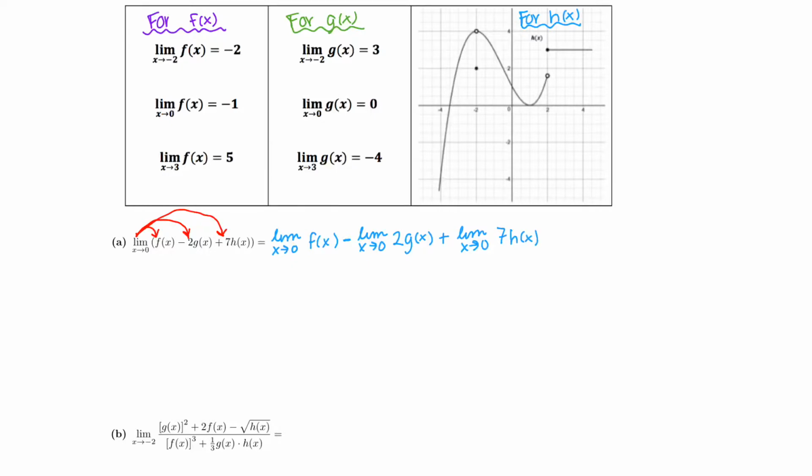From here, I know I can pull the constants to the outside.